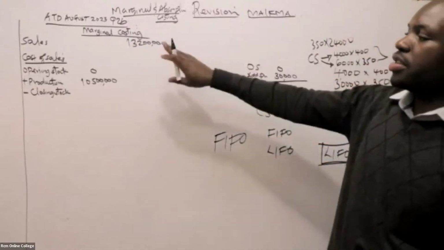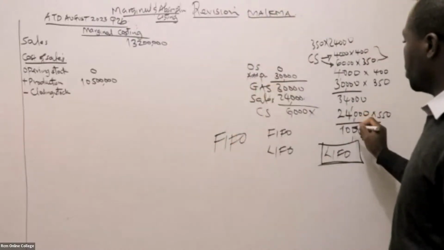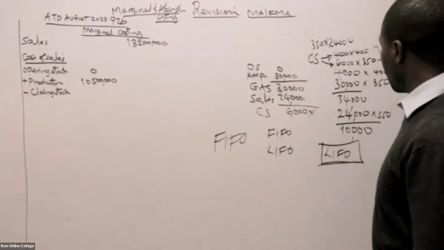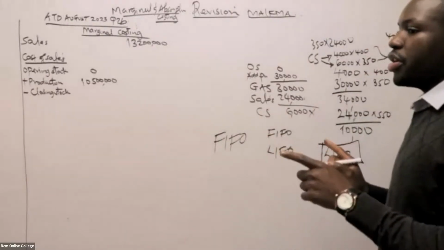So the 30,000 units that were produced, the 24,000 units that were sold, these 24,000 units entail the opening of 4,000, which will be sold first.